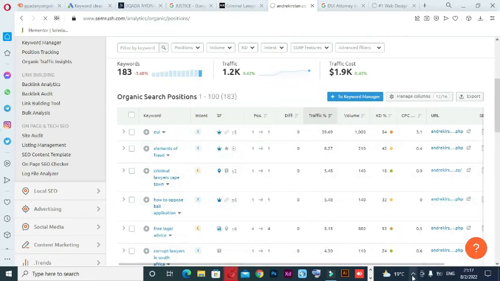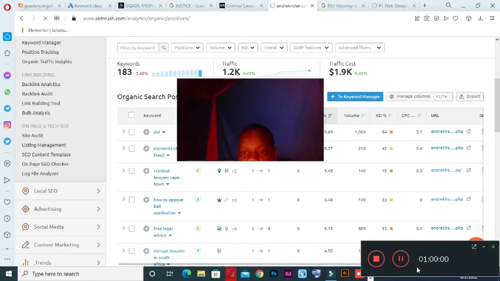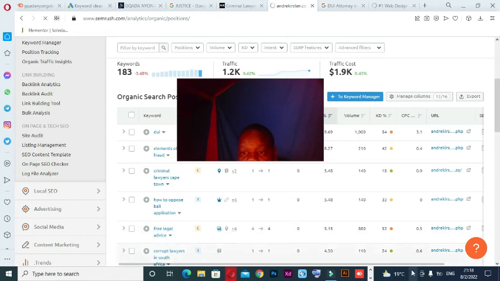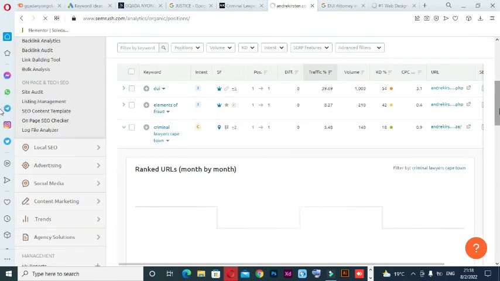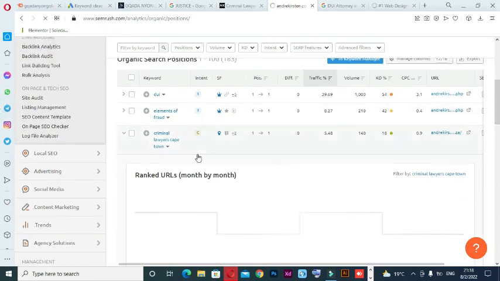SEO person who can help them win that bid too. How to oppose bail application, free legal advice.